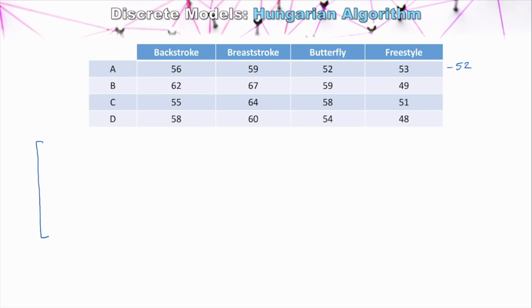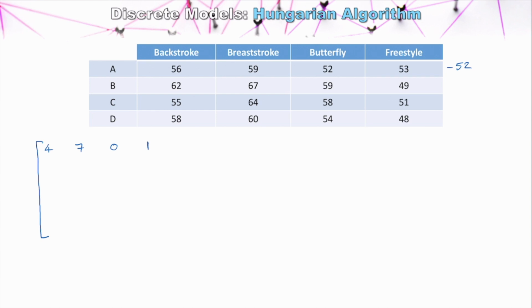So with the backstroke, it's going to cost us an additional 4 seconds if we allocate swimmer A to it. It's an additional 7 seconds for the breaststroke, 0 seconds extra for the butterfly, and 1 second extra for the freestyle.